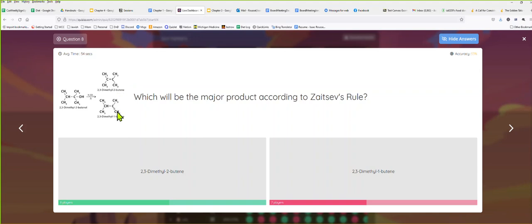And so 2,3-dimethyl-2-butene. Yeah, because this one here has got 1, 2, 3 alkyl groups, but this has 1, 2, 3, 4. So the reaction's going to favor this one here. Any questions there?